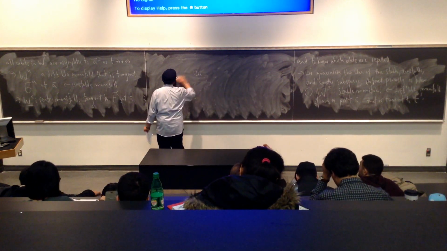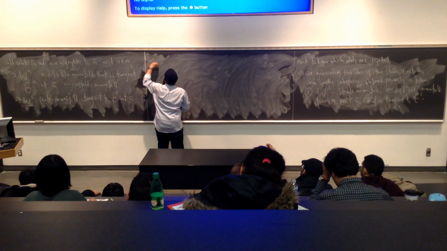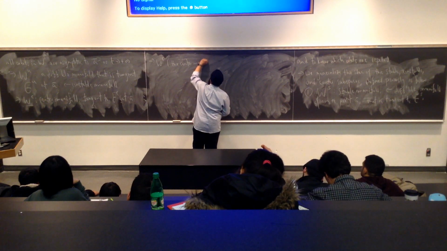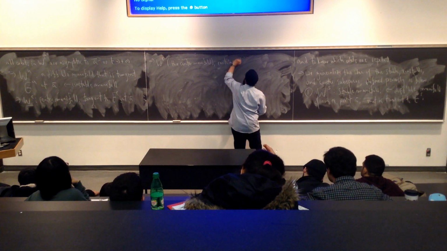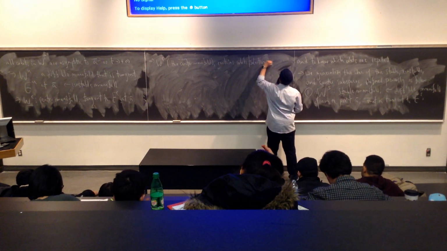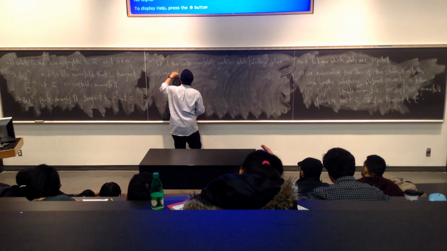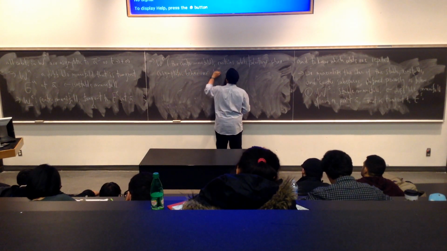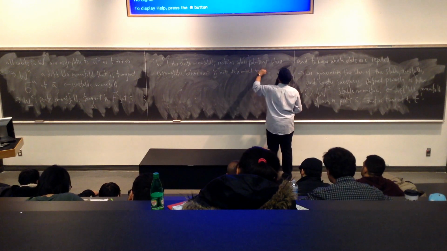Because it's not even hyperbolic at that point. So what do you do? WC, the center manifold, contains orbits or solutions whose asymptotic behavior is not determined by linearization.